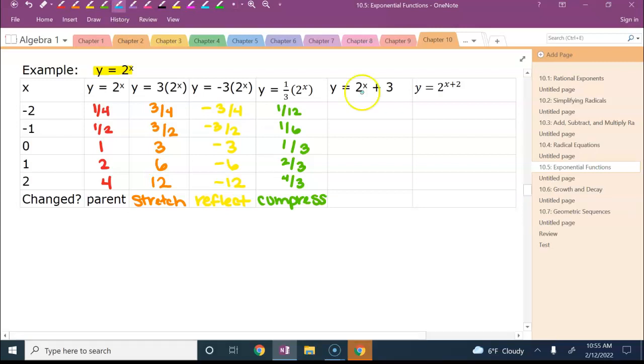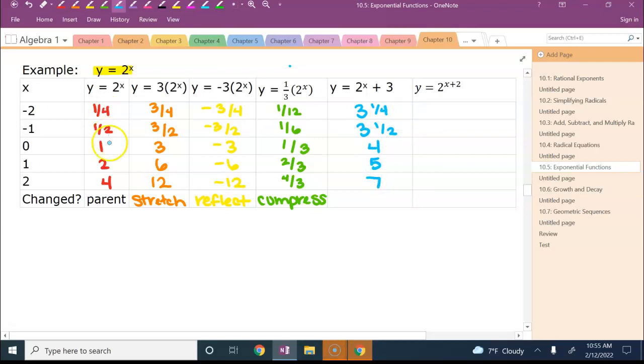Now this next one, we have 2 to the x power, so that's from our parent function, and then it has plus 3 added on to the end. So this one is going to be 3 1/4, 3 1/2, 4, 5, and 7.